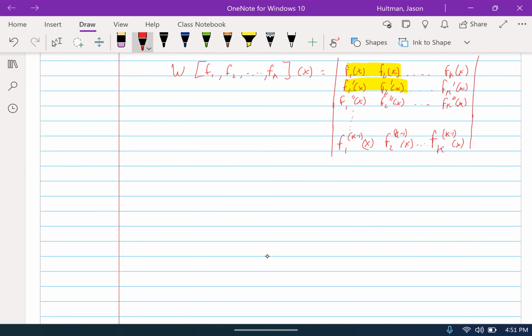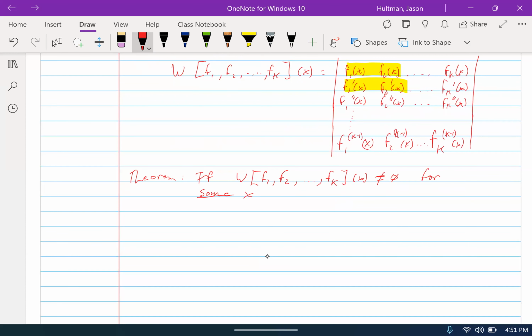Okay, theorem. If the Wronskian does not equal 0 for some x, and this is important, for some x.